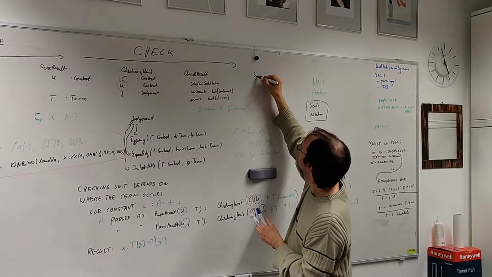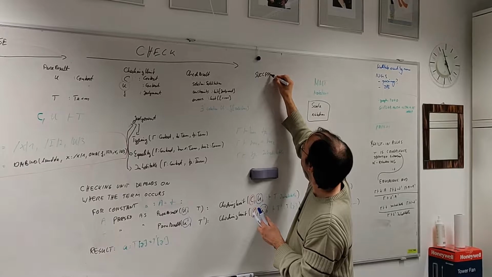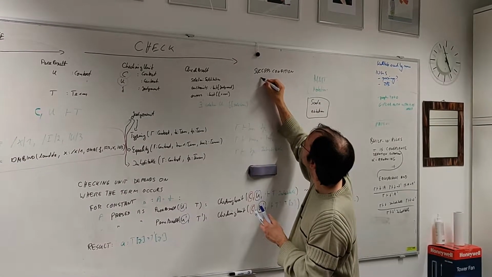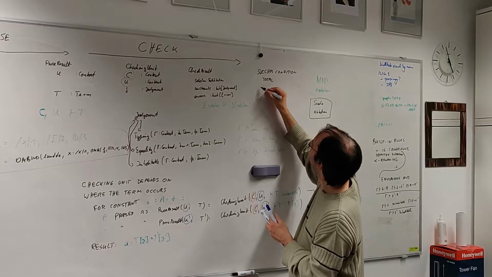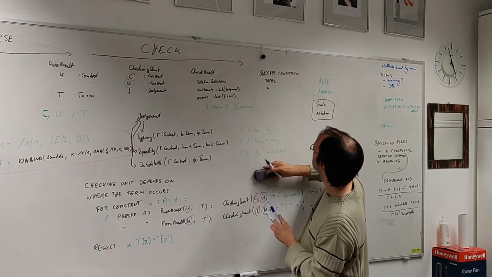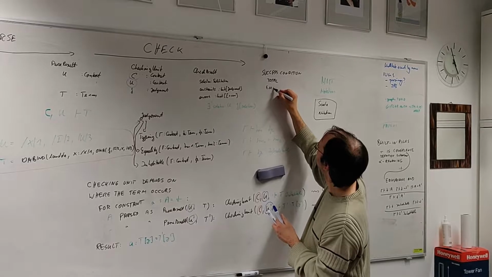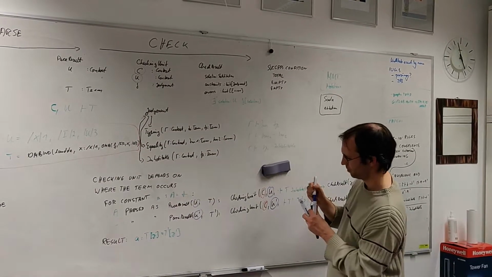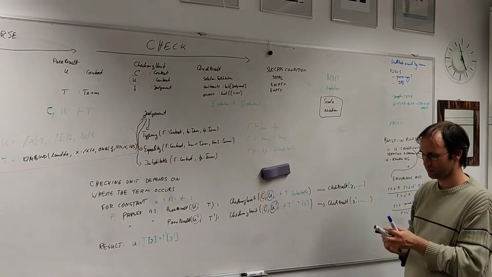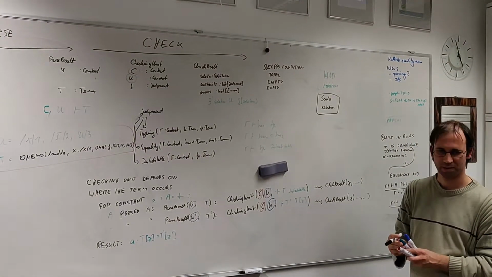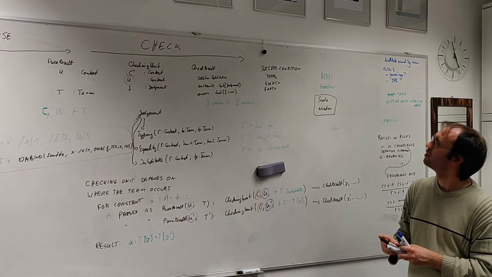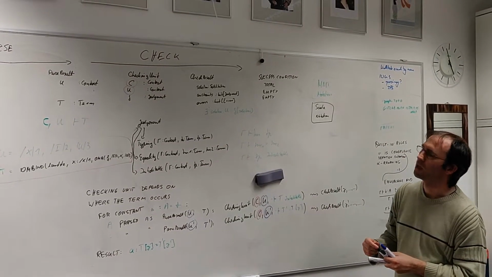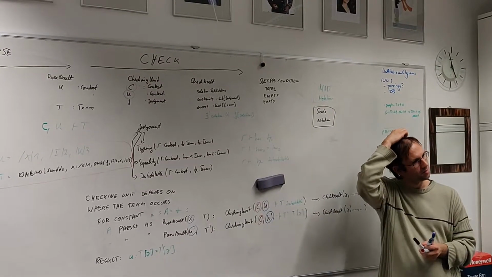So let's say the success condition: this must be total, this must be empty, and this must be empty. Does MMT always find a solution if there is one? No. That's the invariant.